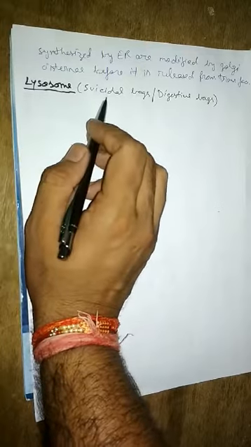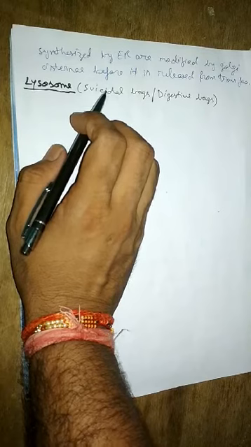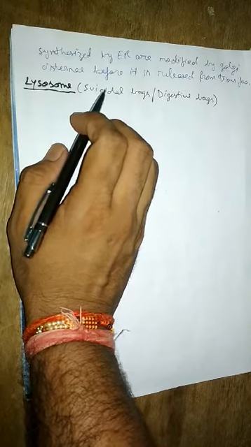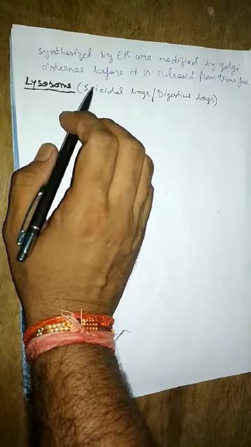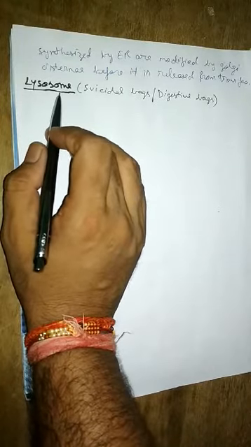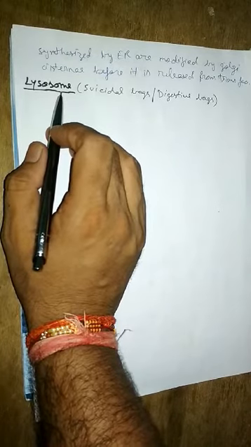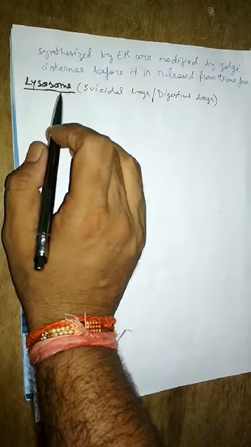Then why is it called suicidal bags? What happens when the cell becomes very old? Now the cell decides to suicide itself. So the suicide of the cell takes place with the help of lysosome. The lysosome will burst by breaking its membrane.